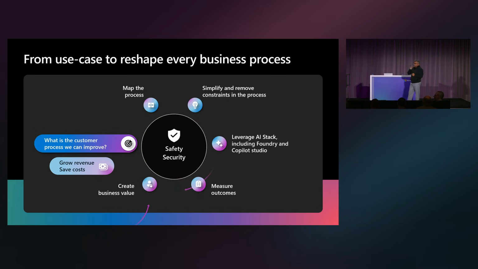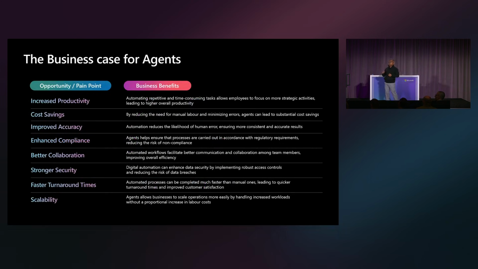Okay? Now, tied to this, it also helps unlock an important conversation on the vectors of business value. And the most common one is to say, hey, look, are we reducing cost in the equation? And the answer is no, that's not the only one, right? At a broader scale, it's really around increasing productivity.